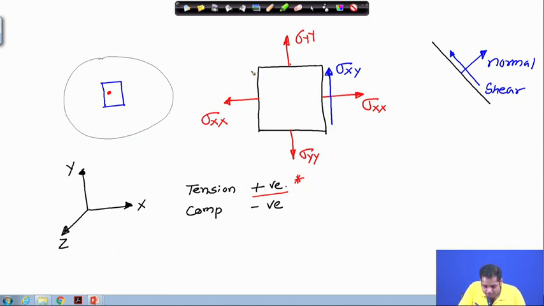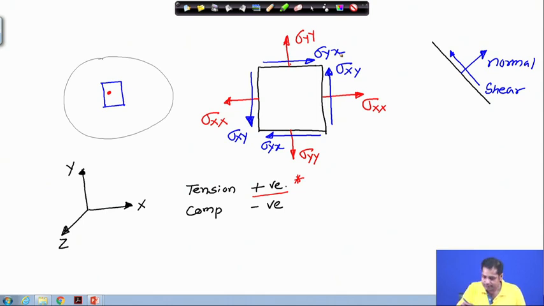Here also we have the same sigma xy. On this plane we have another shear component, sigma yx, and on this plane also we have shear component sigma yx. Now, what do sigma xx, sigma yy and sigma xy mean?